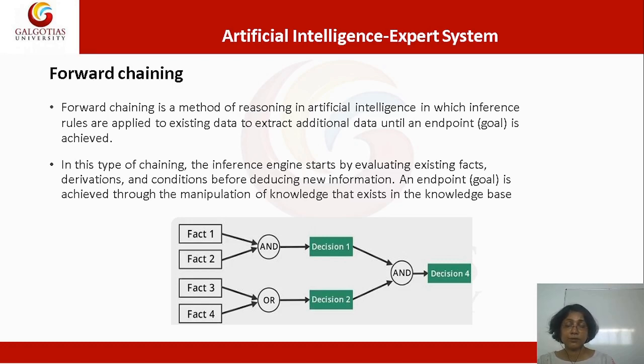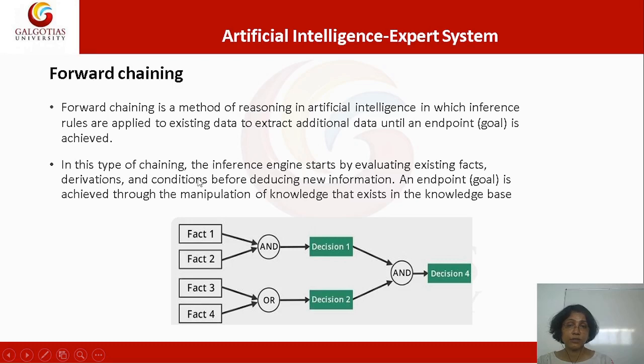In this particular topic, we'll see in detail in the reasoning course. Here we'll give a brief overview. Forward chaining is a method of reasoning in artificial intelligence in which inference rules are applied to the existing data to extract additional data until the goal is reached. So, as mentioned, it will start from the existing data, based on which the rules are applied.